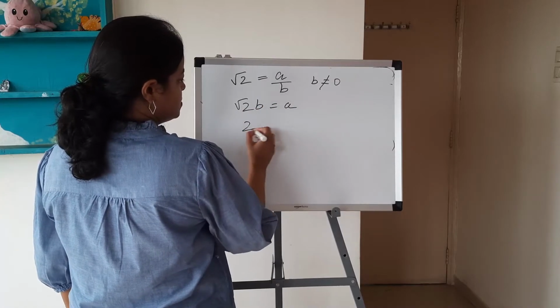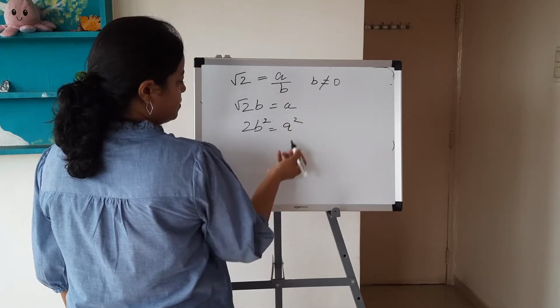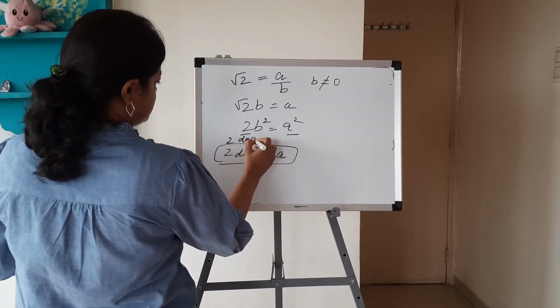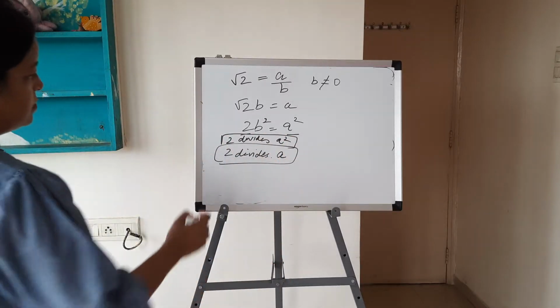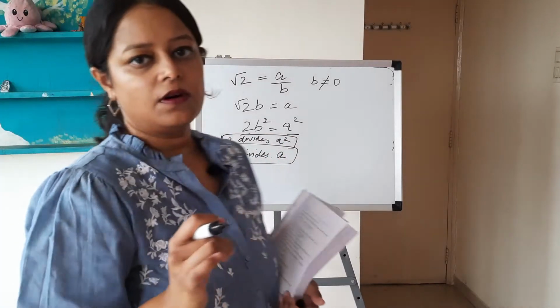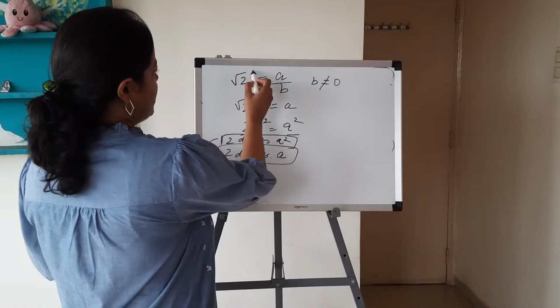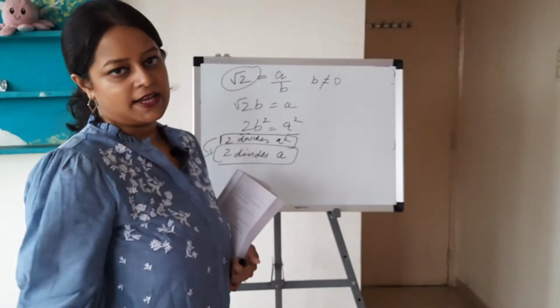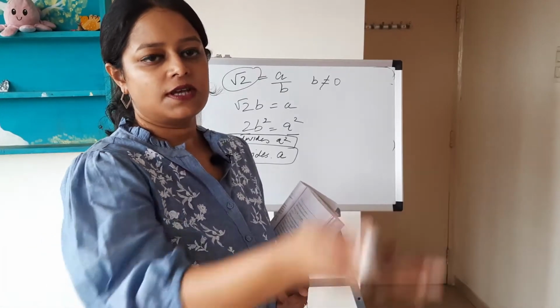If we square on both sides, what are we telling here? This is the question: we have to prove that root 2 is irrational. But to prove it, we start from the opposite direction.